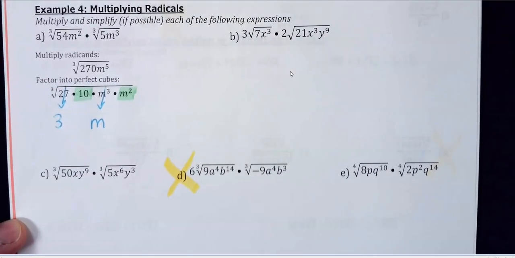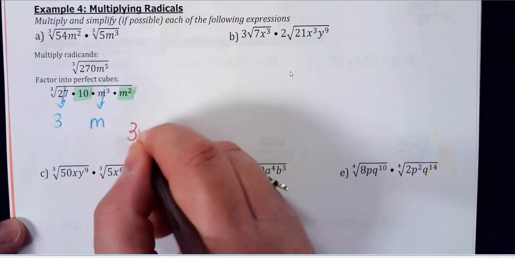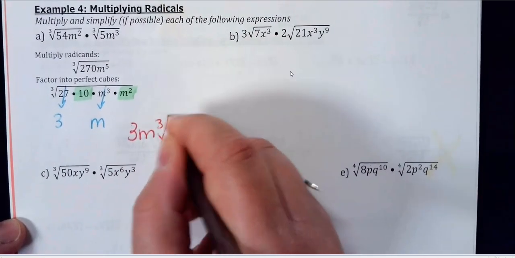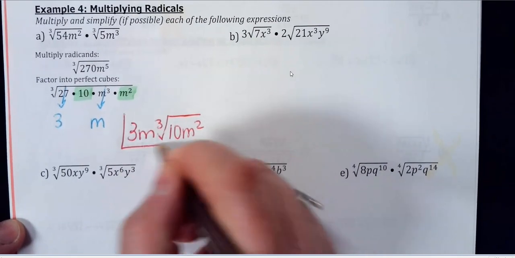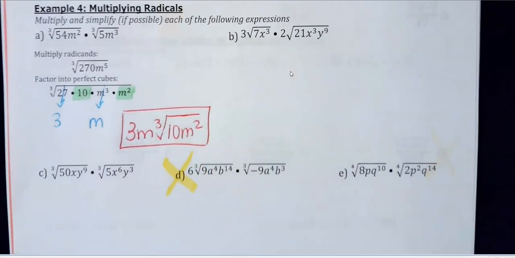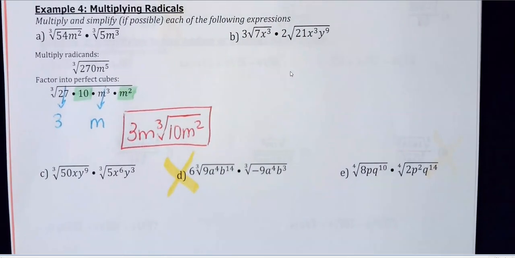And then left underneath, I'm going to have the 10 and the m squared, so it'd be 3m, and then the cube root of 10m squared. I know some of these problems look really complicated and they have radicals in them when you're done, but that's as simplified as that can get under a cube root, so that's just going to be my answer. Okay.